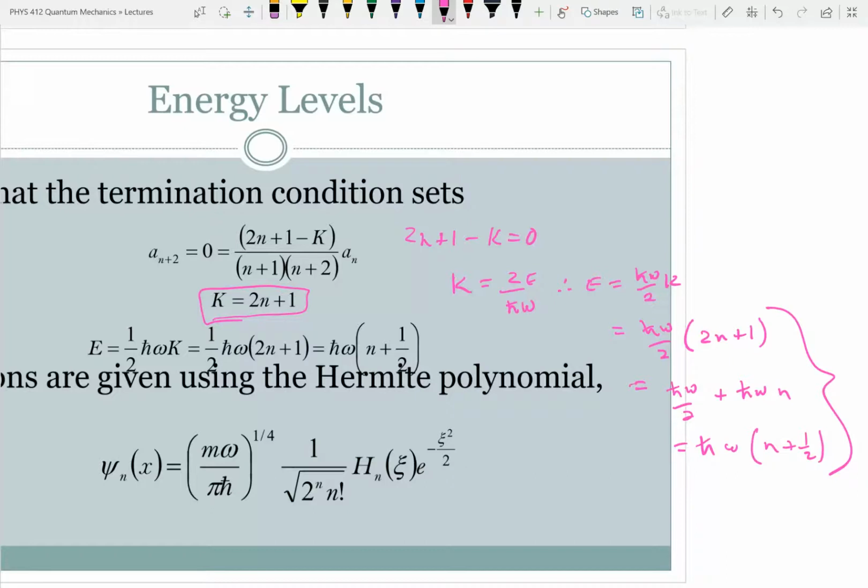Exactly the same energy that we found with the ladder operators, which makes me feel kind of good.